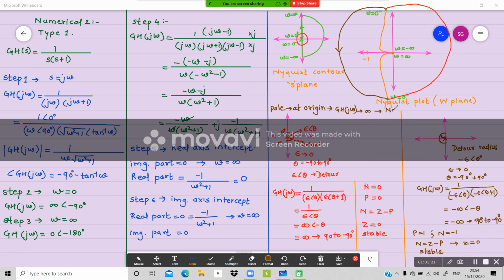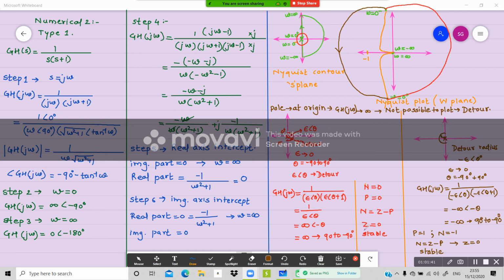Not possible to plot. And that's why we have to draw a detour. Agree? Right?